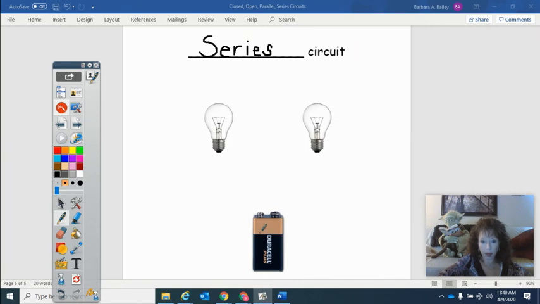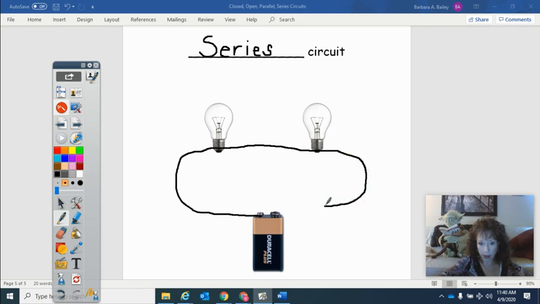All right, so once again, my electrons will come out my negative end of the battery. They're going to come around to light bulb number 1. Then they're going to continue on to light bulb number 2. And then they're going to come back around to my positive end of my terminal.